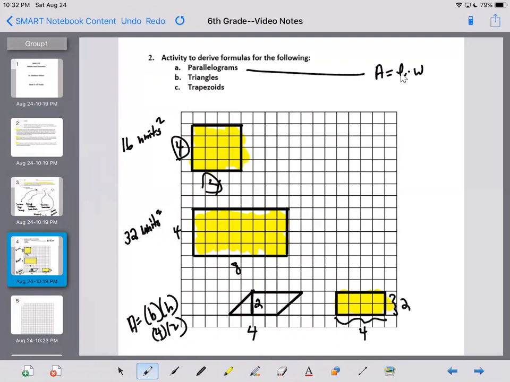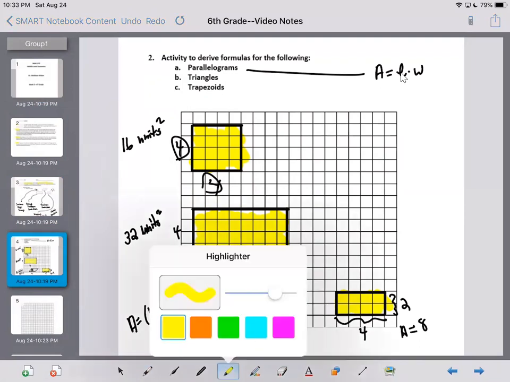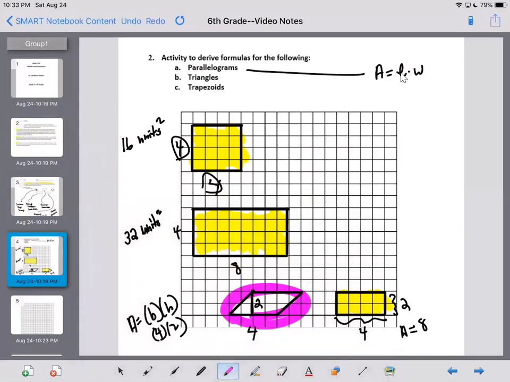I still get an area of 8 square units. It's this one here that people tend to look at and wonder, can I still use base times height? And the answer is yes. I just need to figure out the height of that parallelogram. So those are all different shapes, but we're still looking at the formula for a parallelogram as length times width, or base times height.